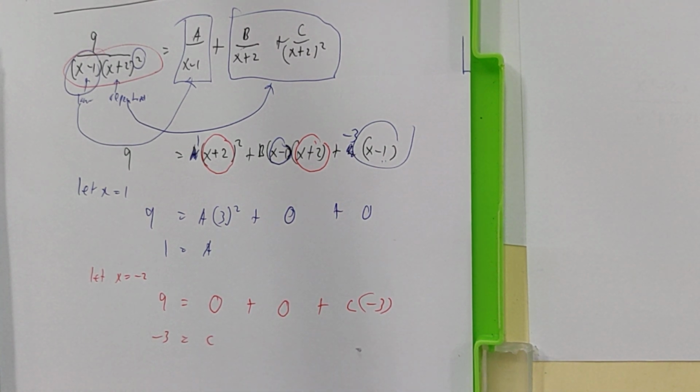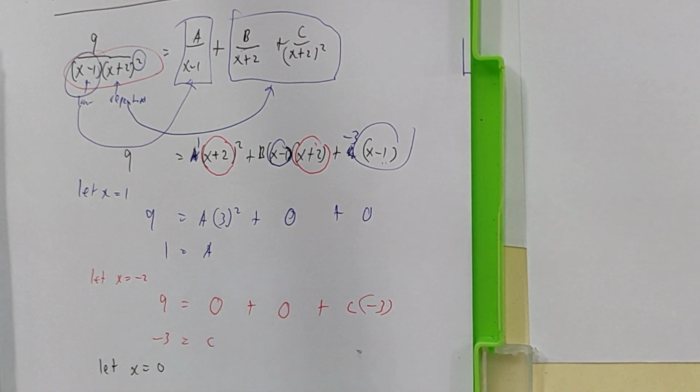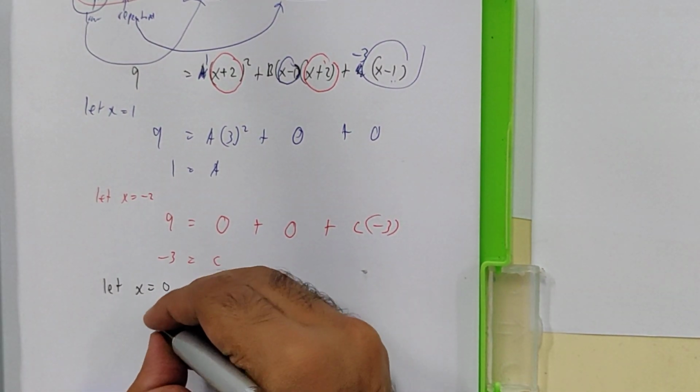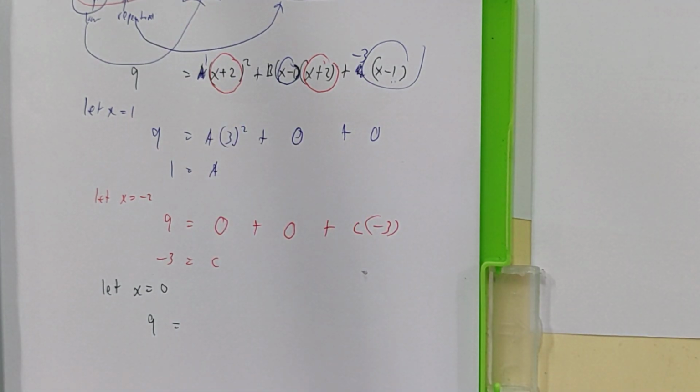I suggest you choose a small number now. Either 0, 1, negative 1, 2, or negative 2. Which one is the easiest of all? 0 lah. So if you let x equal 0, what will we get? 9 equals to? 0 plus 2, 2 squared?